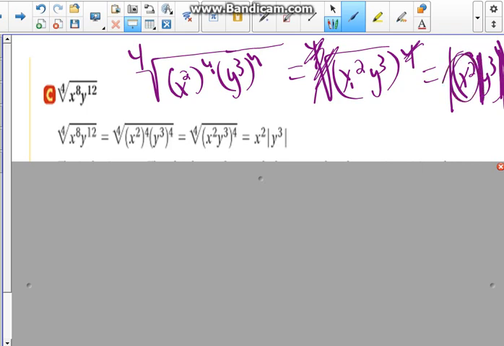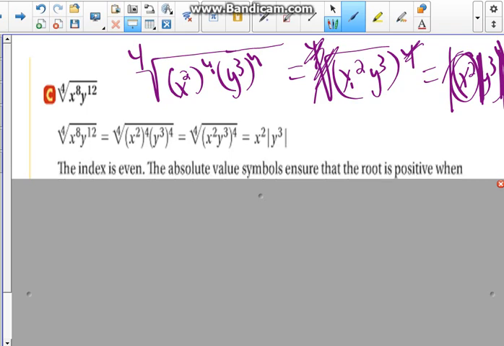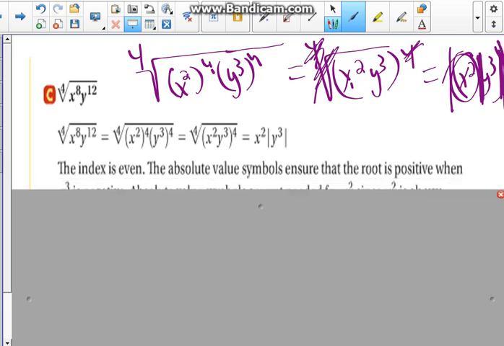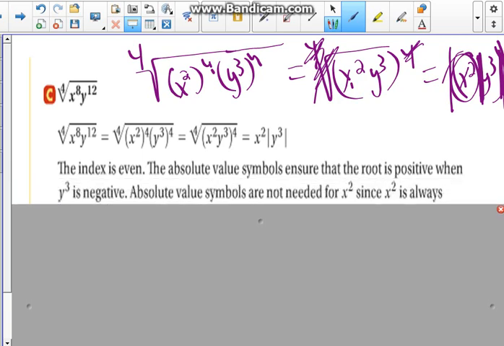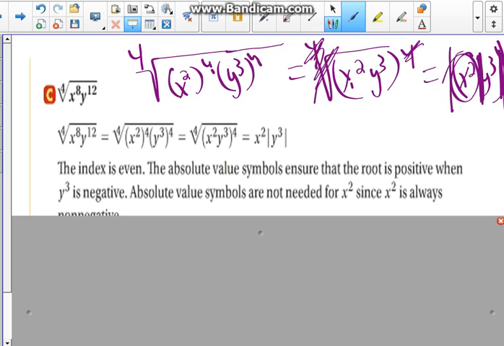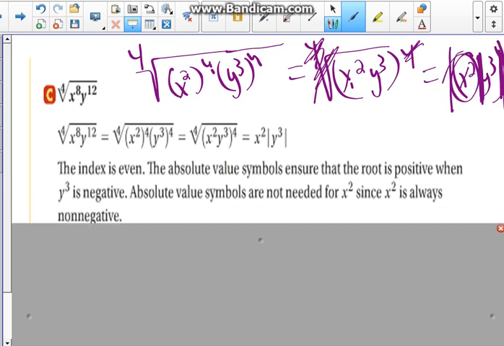Just the evens. So the index is even, so the absolute value symbols ensure the root is positive, even when y cubed is negative. Absolute value symbols are not needed for x squared since x squared is always non-negative. Okay, so it becomes x squared times the absolute value of y cubed.